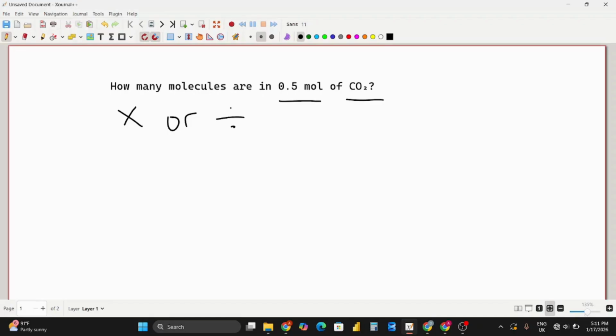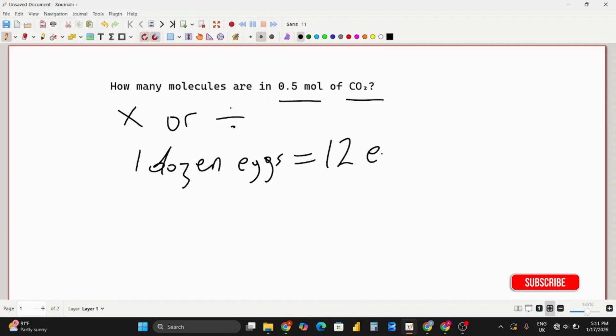A mole is just a counting unit, just like saying 1 dozen of eggs equals 12 eggs.